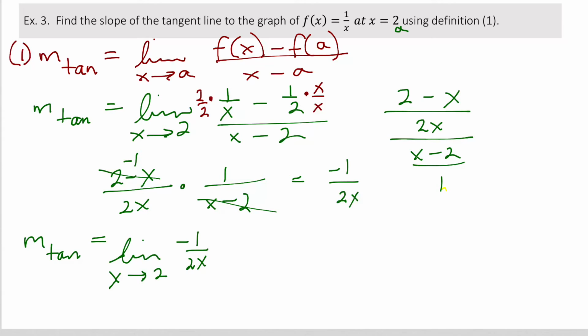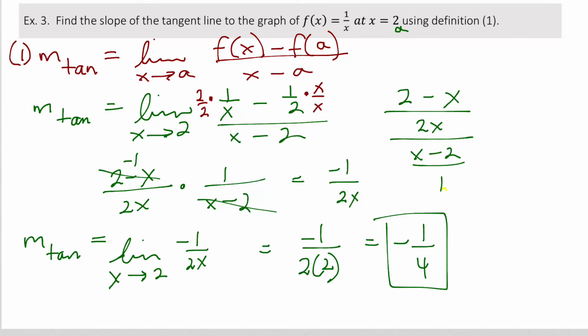So that's a rational function which, if it's continuous at the x in question, you can evaluate the limit by just substituting the x value into the function. All right, so it is continuous there. That new function right here is discontinuous at x is equal to 0, but we're here at 2. So we're just going to substitute 2 in there. So that's equal to minus 1 divided by 2 times 2, which is minus 1 over 4. All right, so this is the slope of my tangent line.